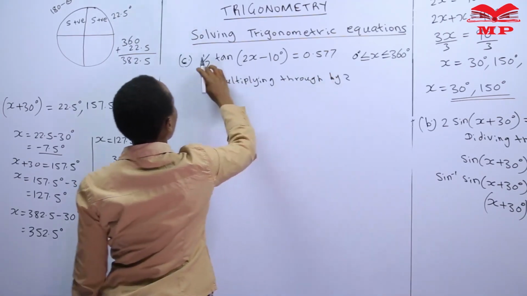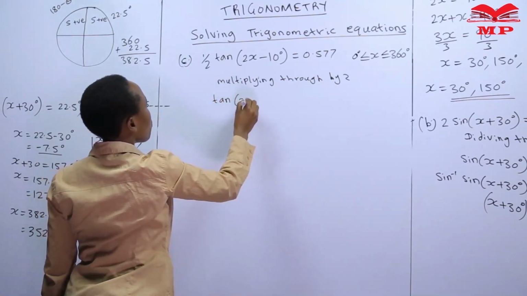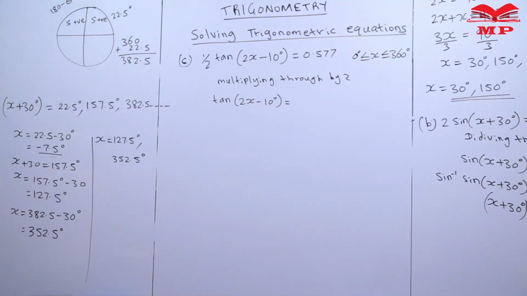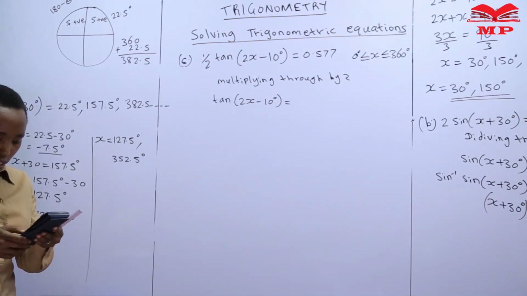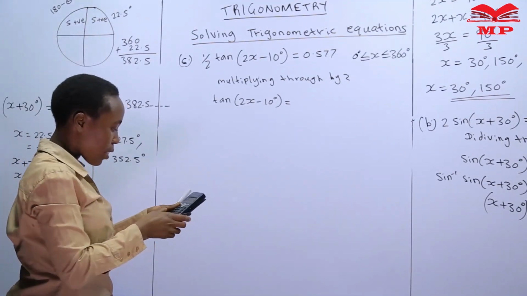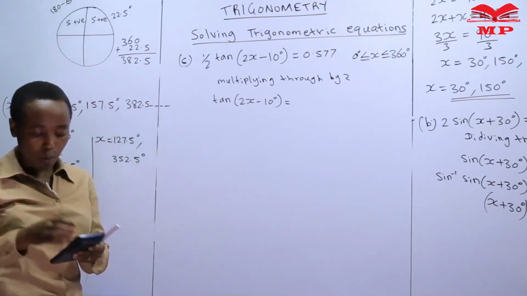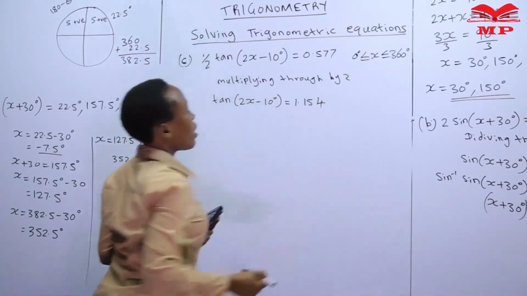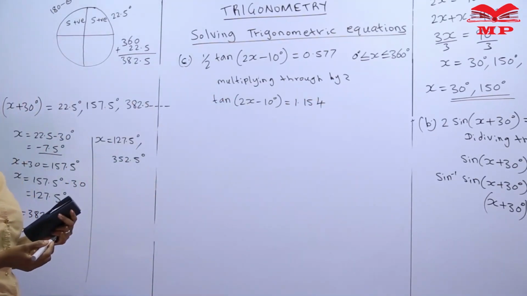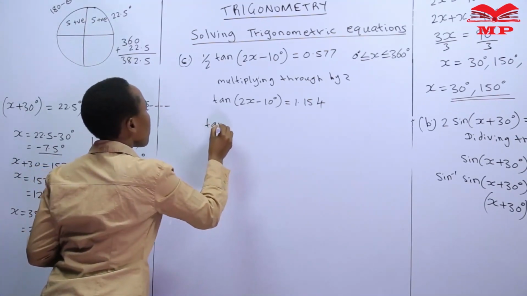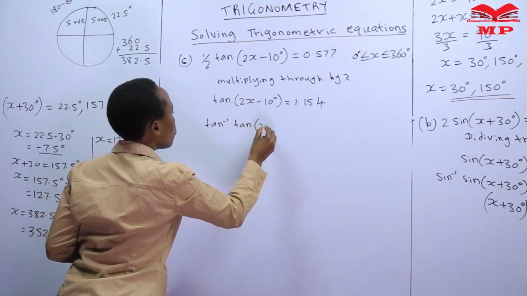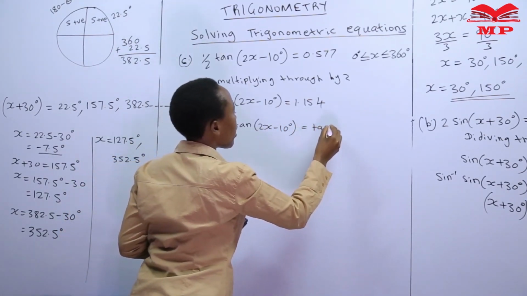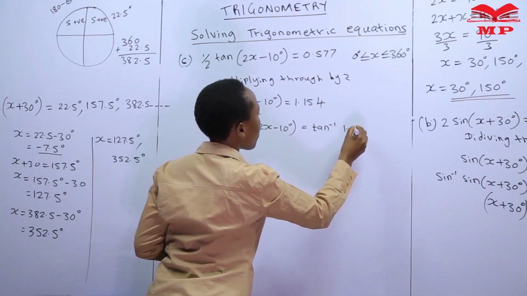When we multiply by 2, we get tan 2x minus 10 degrees is equal to 0.577 times 2, which is 1.154. Then the next thing, we take the tan inverse on both sides, so we have tan inverse of tan 2x minus 10 degrees equal to tan inverse of 1.154.